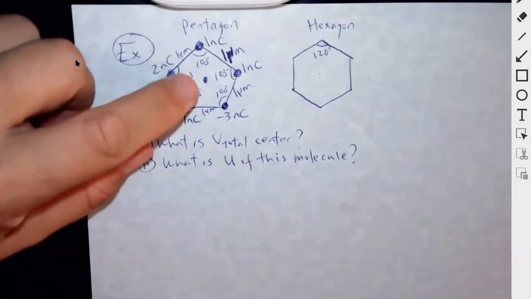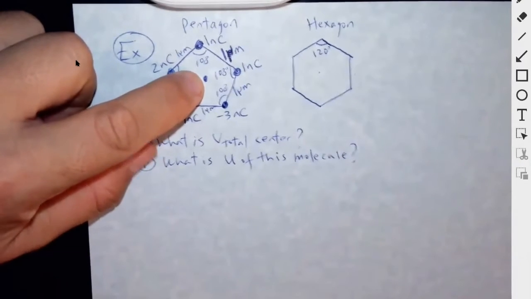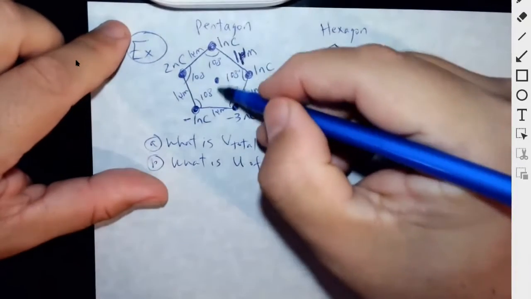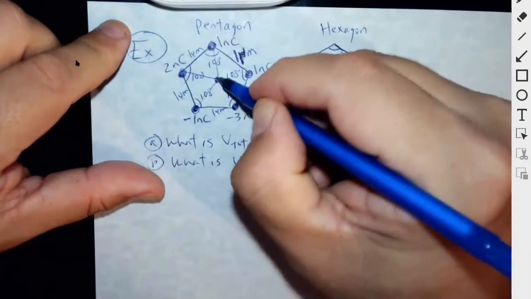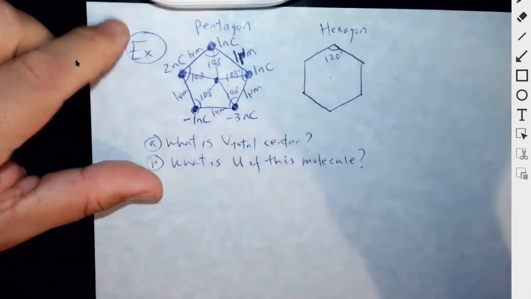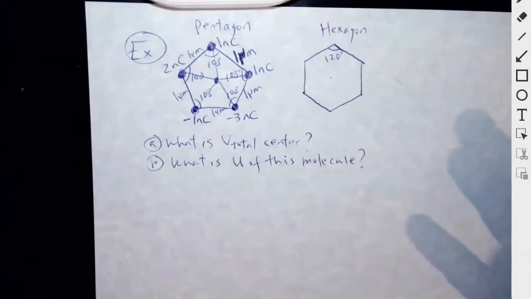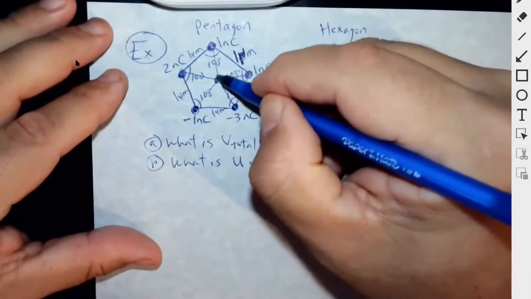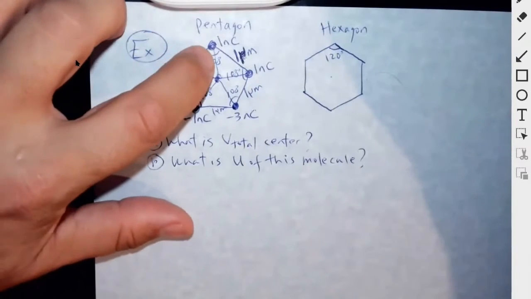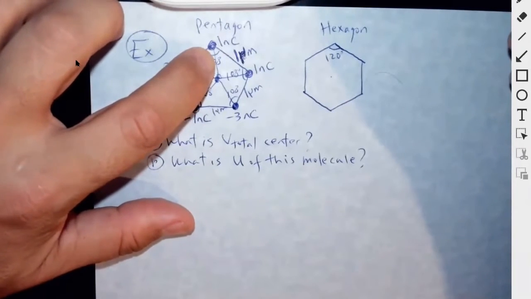Okay, so the voltage at the center is going to be easier. It's just they all add up, right? So as long as we know these distances, the distance is all going to be the same, right? So if this is 1 micrometer, what's that distance going to be? So I guess you're cutting this in half, right?